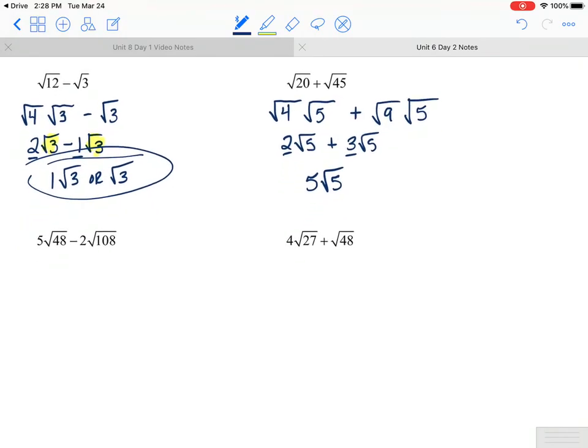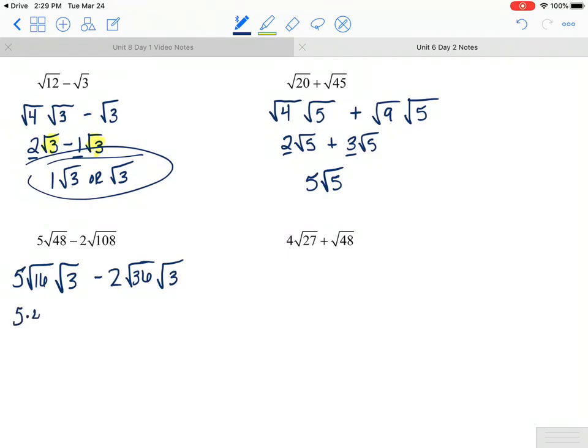All right. So if you'd like to pause these examples, you want to write them down, go right ahead. And then I'll run through the answers. So with this example, I can split up 48 into 16 and 3 minus 2. 108, the largest perfect square is 36 times 3.